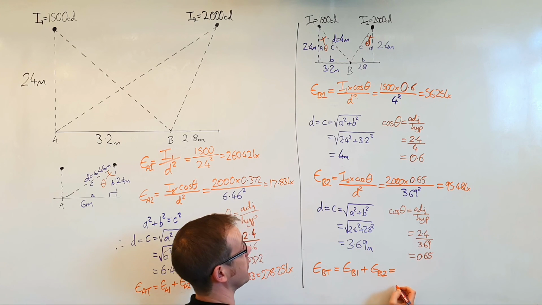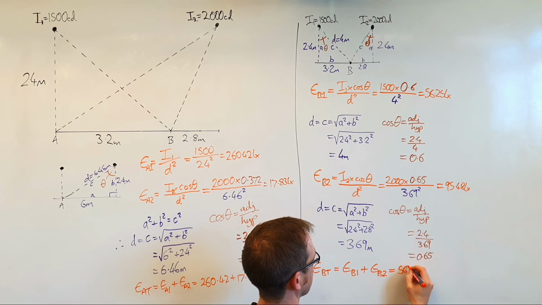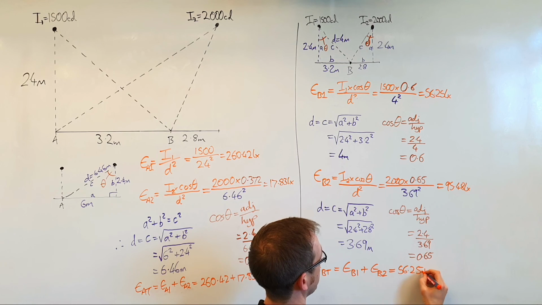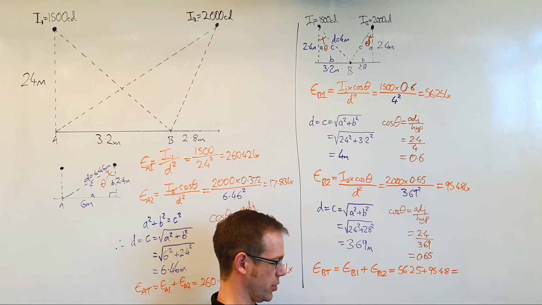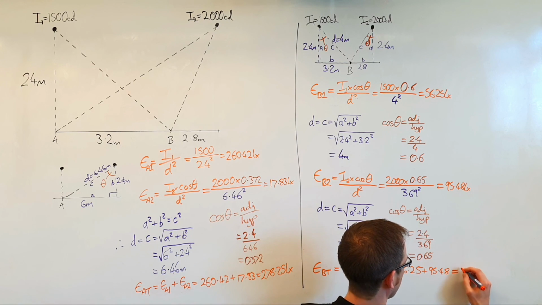So we just add those two values together. We've got 56.25 plus 95.48, and that will give us our final answer, which is 151.73.